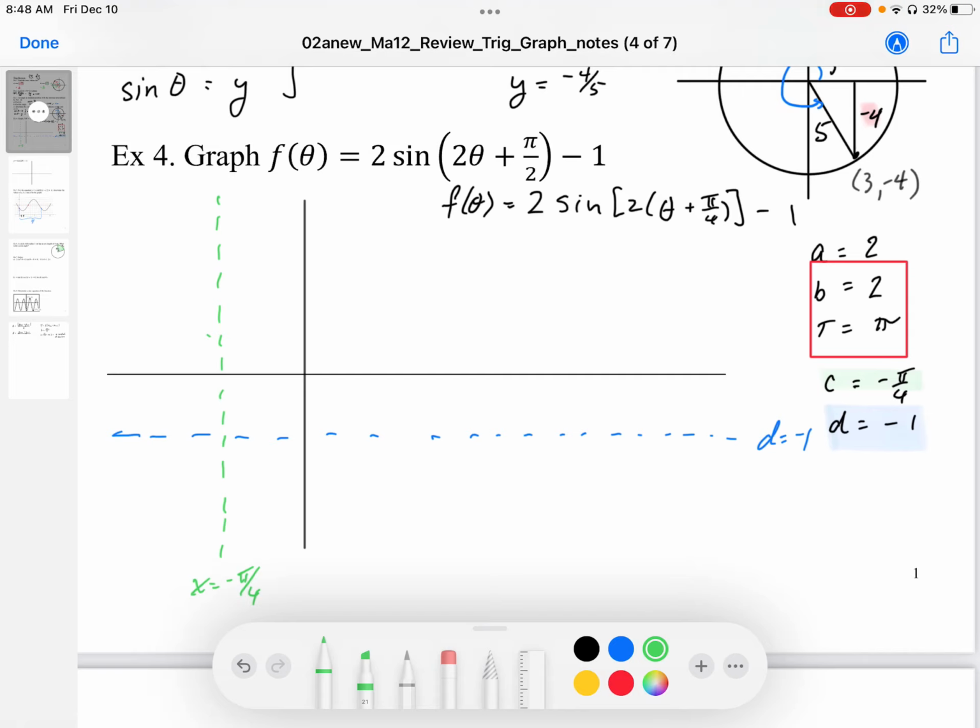There's my horizontal shift. Okay, so once I've done that, I'm going to find the end position based on my period. So my end position is going to be, I'm going to add pi, so I'm going to end up at 3 pi over 4. So there's my 3 pi over 4, negative pi over 4 along my x-axis, and there's my ending position of my graph.